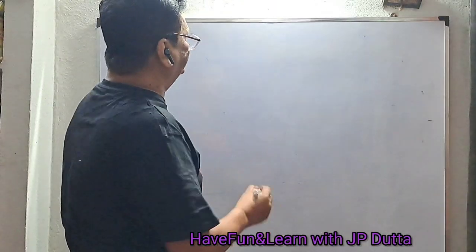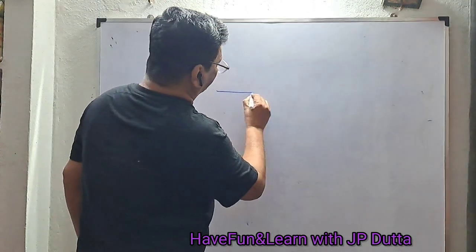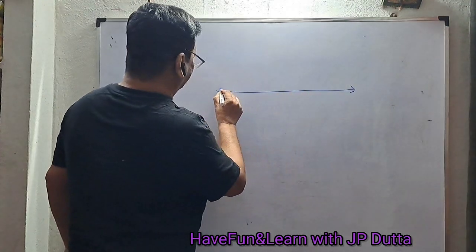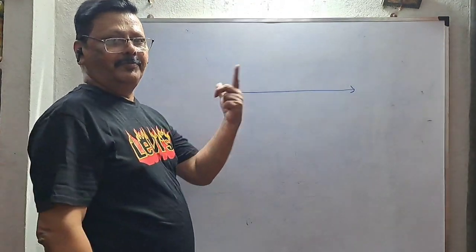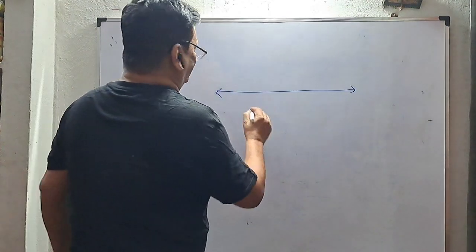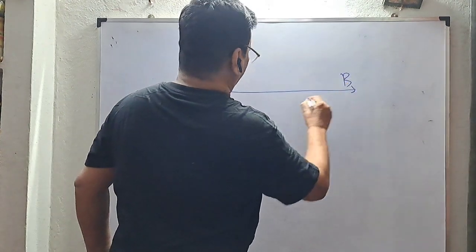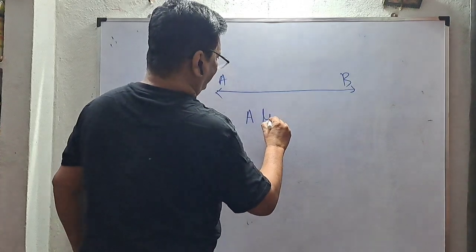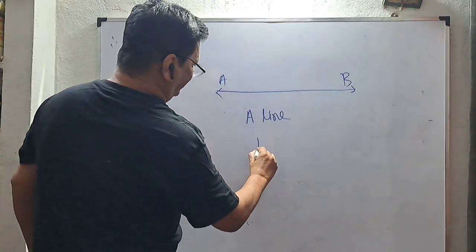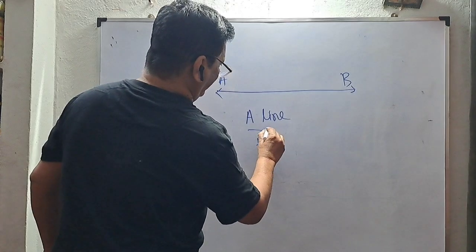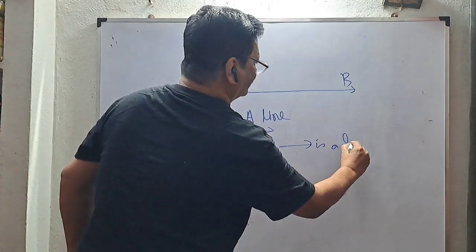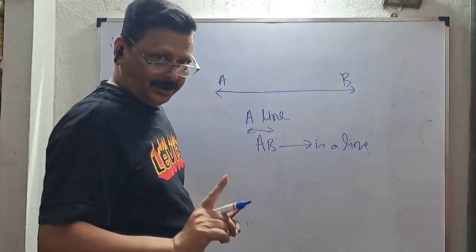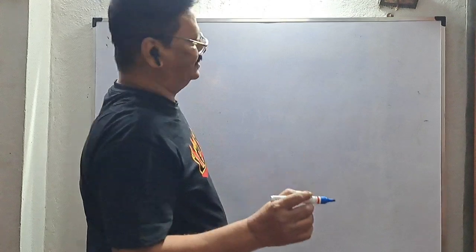Understood? Now let us see what is a line. We have something like this, both extending towards infinity, negative to positive infinity. This we call a line, and we represent it with 2 arrows like this. So AB is a line.